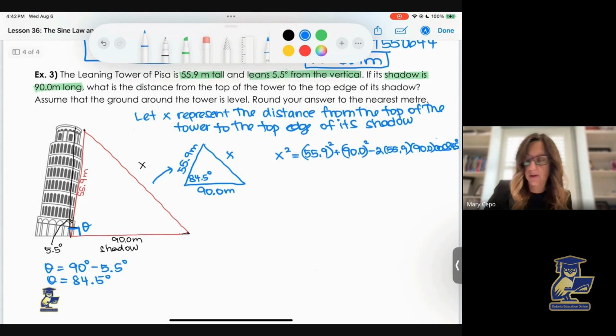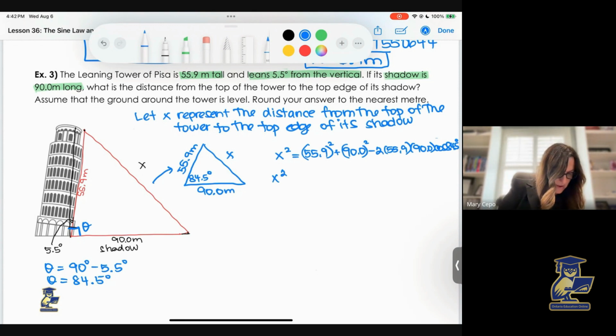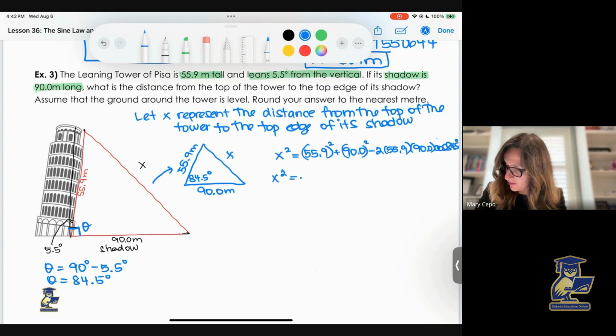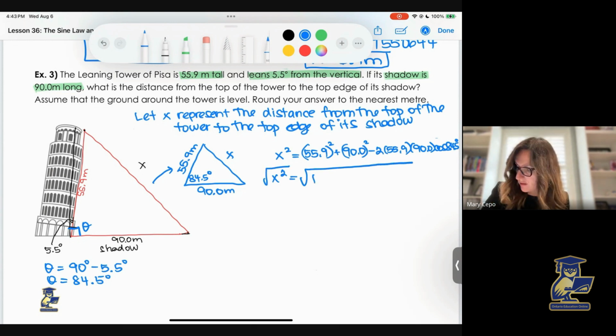Now again, we could just put that right into our calculator. So x squared is equal to 55.9 squared plus 90.0 squared minus 2 times 55.9 times 90. And then, of course, you can multiply that by the cosine of 84.5 degrees. So we should get x squared is equal to 10,260.41004.